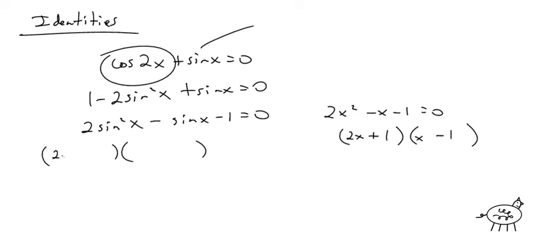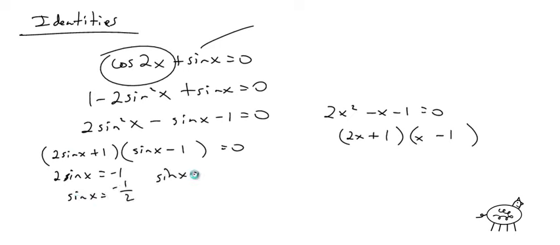So here we go. This is going to be 2 sine of x plus 1, and this is going to be sine of x minus 1. That's what that factors to. So I get 2 sine of x equals -1, so sine of x equals -1/2, and sine of x equals 1.